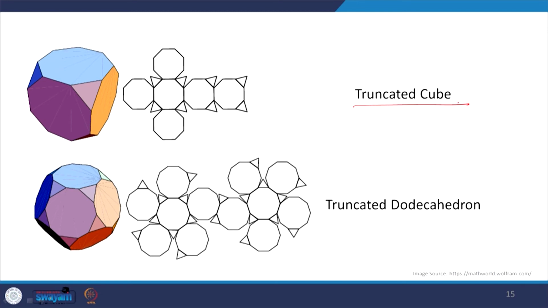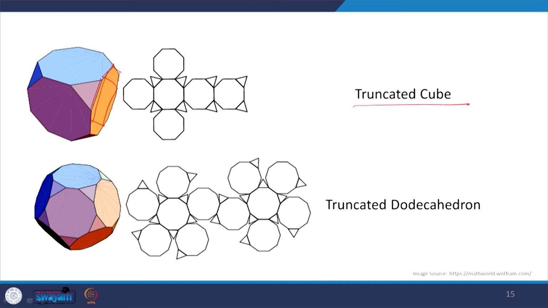Truncated cube is simple. So we are just truncating the cube in such a manner that it is not... In the cuboctahedron, we were truncating the cube such that it was giving us a square. Here it is giving us an octagon. So if you look at this, this is actually a truncated cube.